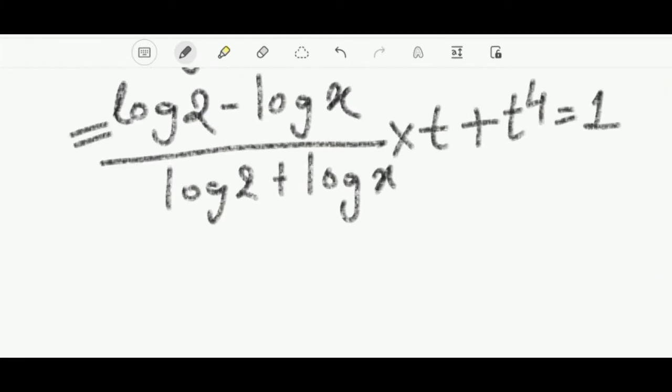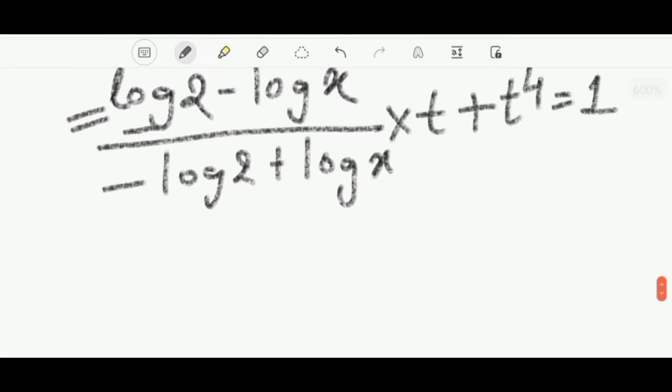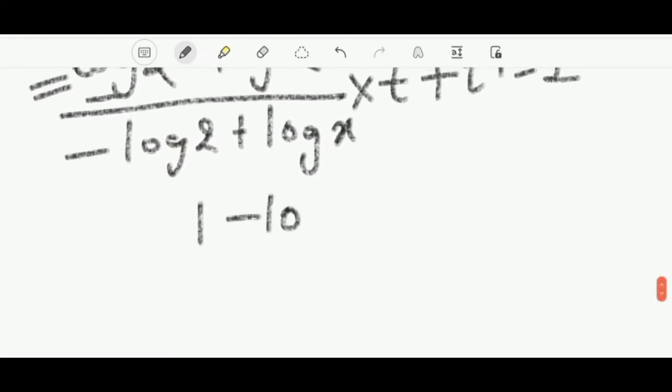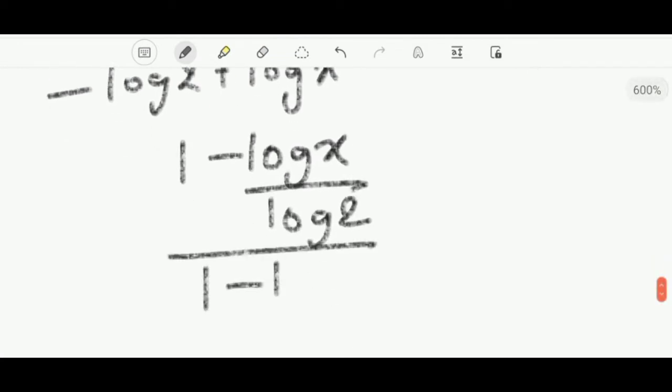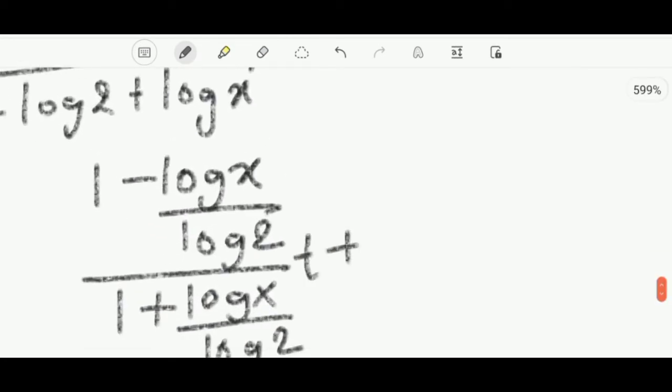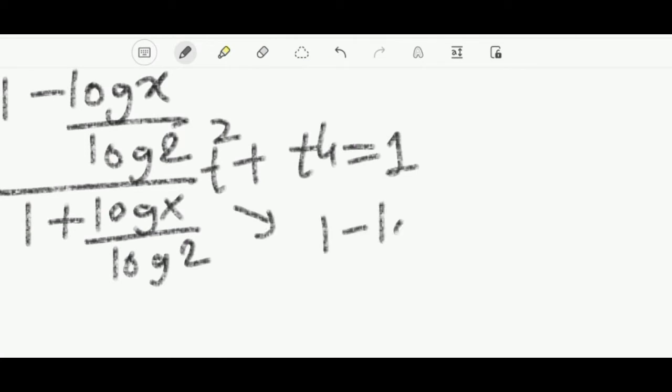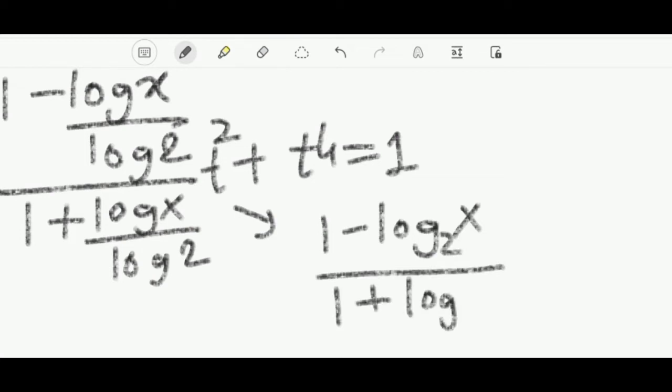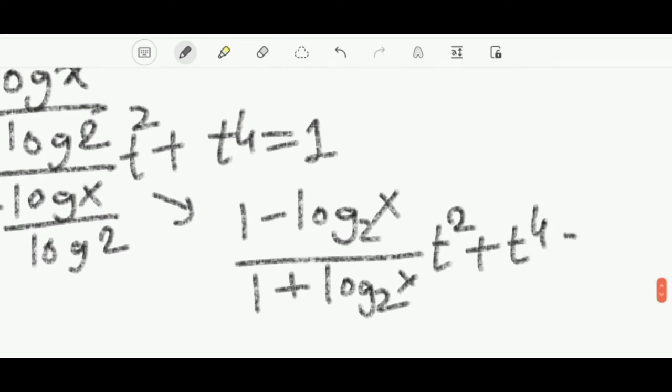Now we can take log 2 common from the denominator and the numerator, so we'll get 1 minus log x at base 2 divided by 1 plus log x at base 2 multiplied by t square plus t raised to the power 4 equals 1.